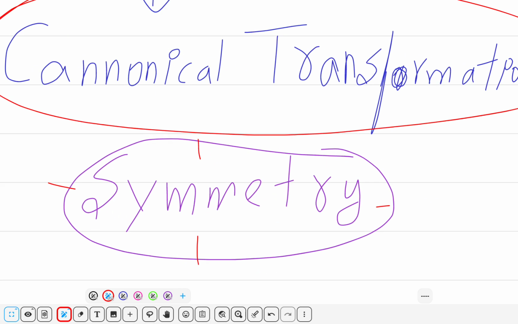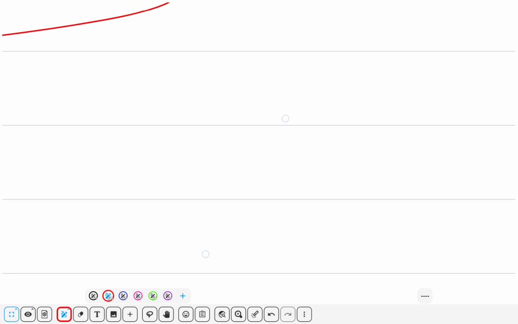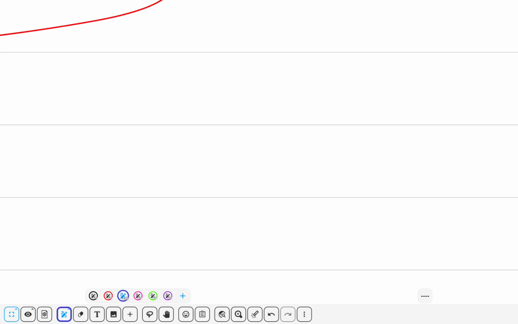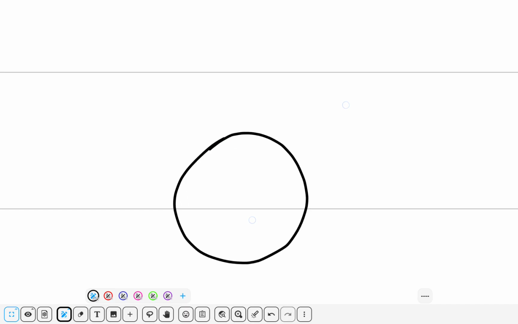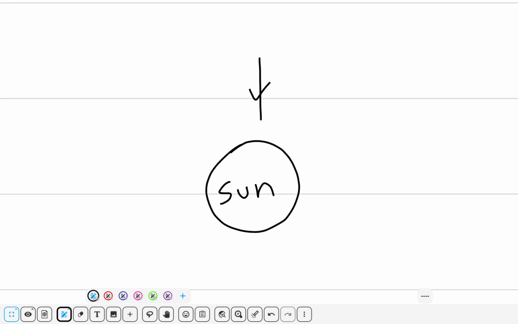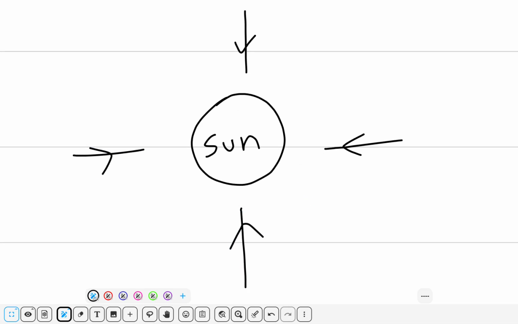So what it means is, let me give an example. Imagine you have this. Let's say this is the sun, and the sun is pulling everything towards it. Gravity.